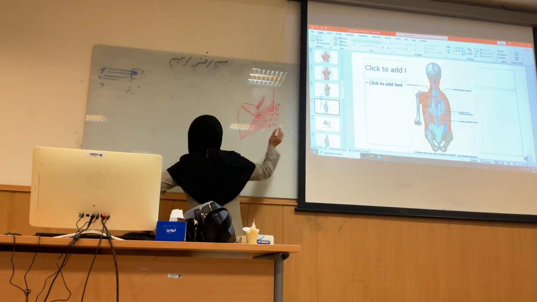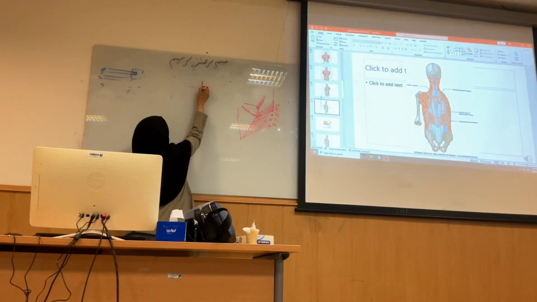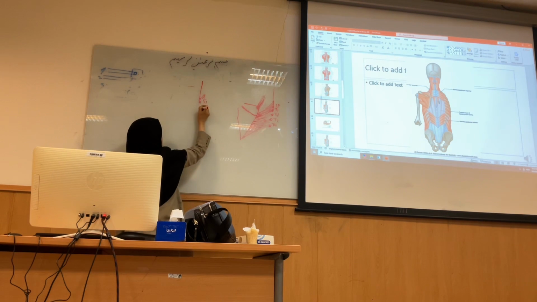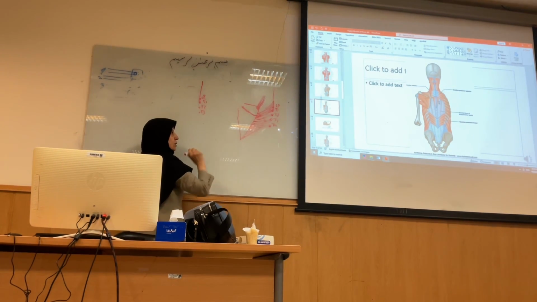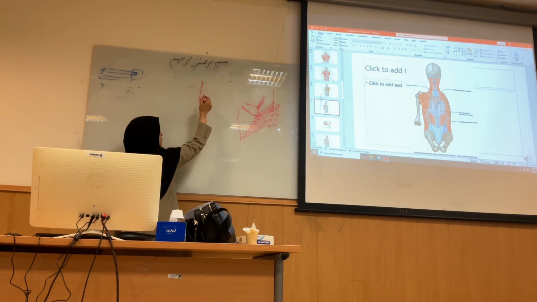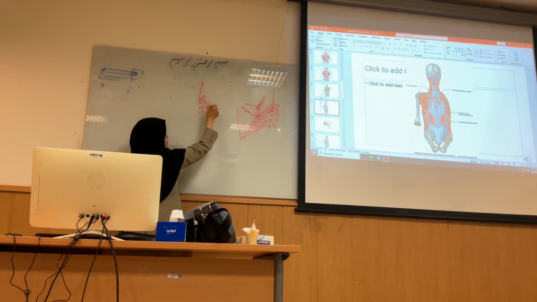Look at the picture. It is ligamentum nuchae, C7, and here we have T1, T2, T3. About the serratus posterior superior, it is going to connect to C7, T1, T2, T3, and a little attached to ligamentum nuchae.